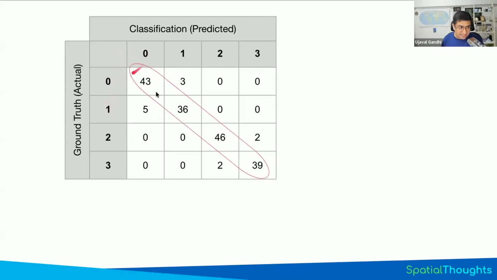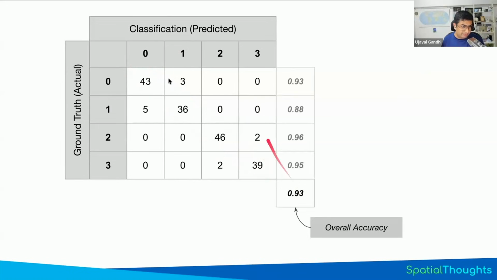That means everything that is in the diagonal are the points where the model got it correct. Anything that is not in the diagonal is where the model got confused. That means there are 3 points where you had labeled 0, the model predicted 1. And now if you just say, tell me the ratio of all the samples in the diagonals versus the total samples, that's your overall accuracy.